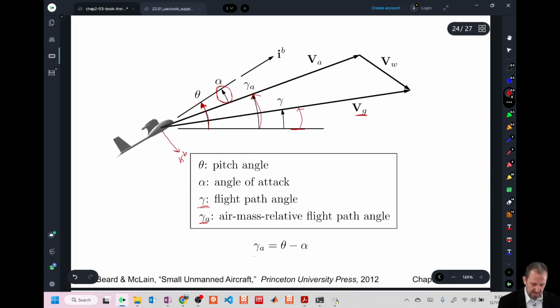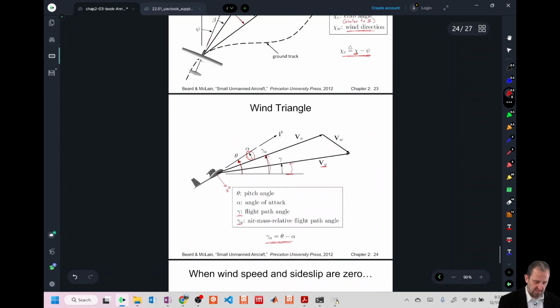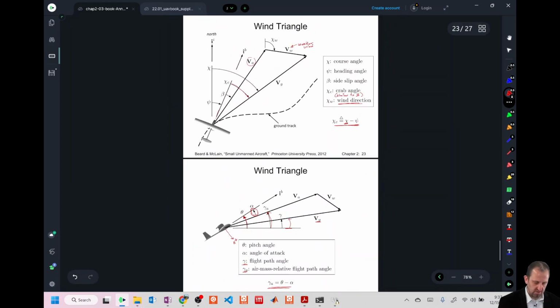Okay, and we have this relationship, right, where gamma sub a is just equal to our theta minus our alpha, which is a nice relationship. Okay, so these two views are really important. Make sure you understand these two views really well.